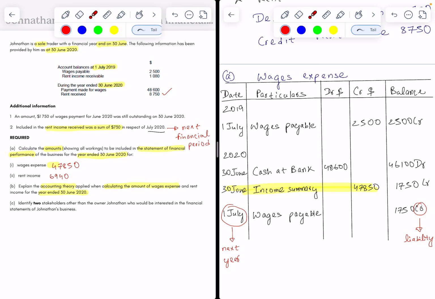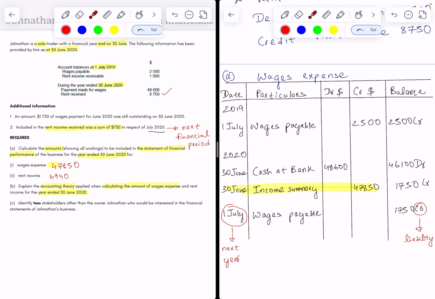So here you can see the ledger account for wages expense already prepared in the usual 5-column format that we're used to, with date being in the first column, followed by the cross-reference for accounts, which are the particulars column, and then we have got the debit and the credit columns, and lastly the balance column, okay?